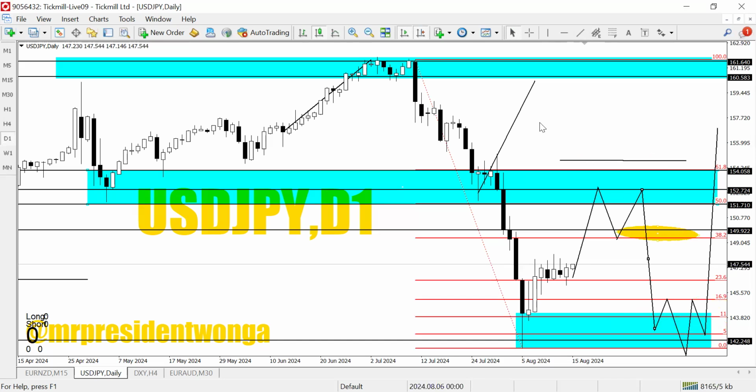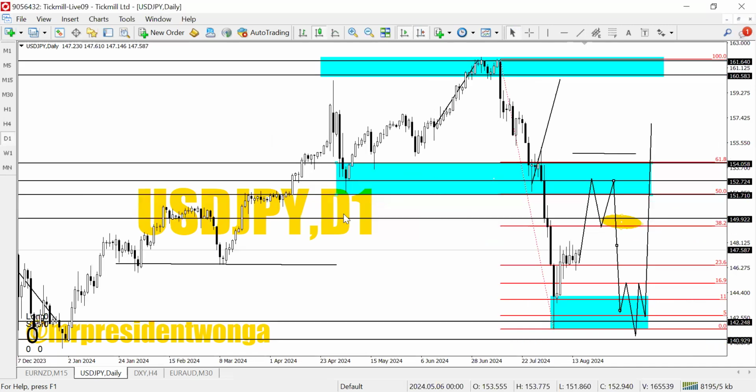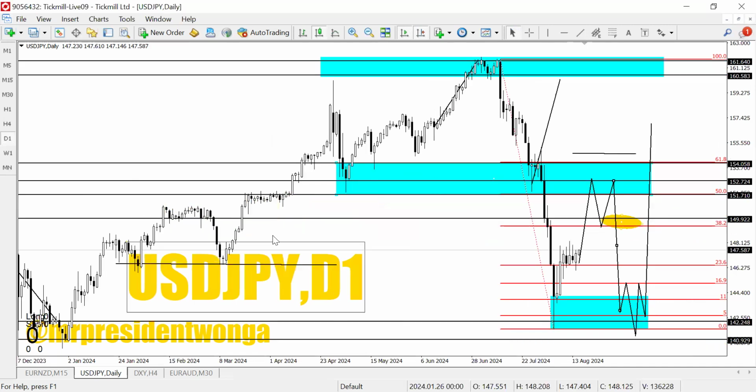Okay, you have a question. We can consider it. Yeah, more likely we can consider it more like a swap zone. Okay, but we need a confirmation of it.